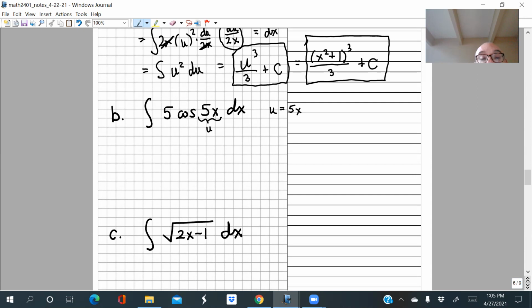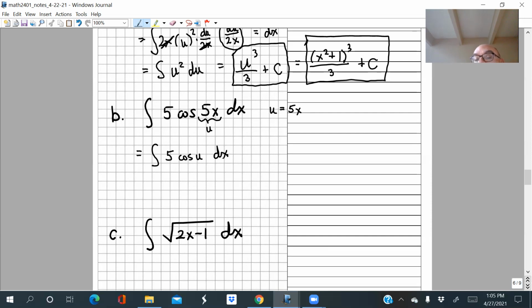So again, if you have a trig function of an expression, substitute for the expression. Or if you have an expression raised to a power, substitute for the expression again. All right, so if I say u is equal to 5x and I make that substitution, here's what I have. I have 5 times cosine of u and then times dx.